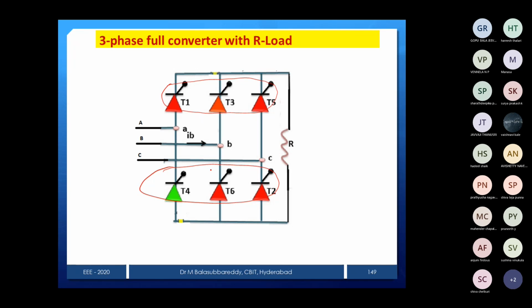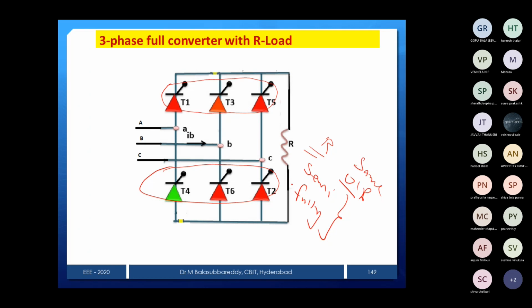But now in the full converter, simply replace the lower group devices by thyristors, and it becomes a fully controlled converter. But for R load case, whether it is a semi converter or a full converter, both will give the same output. But why do we want to go for a full converter, the question is.